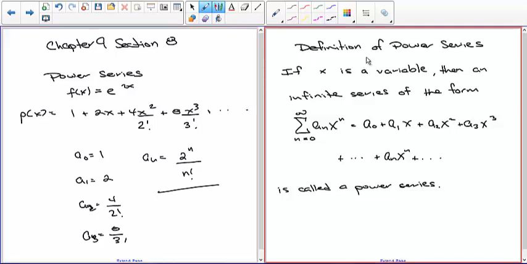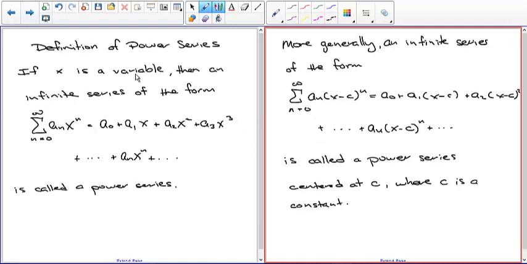But in general, a power series, no matter how you derive it, as long as it takes on this form, and a lot of times a sub n involves a factorial. Well, actually, more generally, I forgot about this. One year to the next, I forget stuff. A Taylor series works out as well. It's called a power series centered at c, where c is some constant.